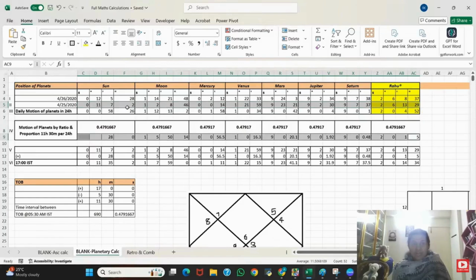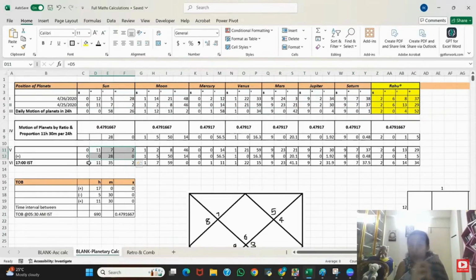When we add this time, what we get will be the actual position of all the planets on 25th of April at 17 hours IST, because all of these are positions at 5 hours 30 minutes in the morning, or at 0 hours UTC, plus the amount of hours which we have calculated here. If we put that in, we arrive at 17 hours IST of April 25th. So that's what we have arrived at here.